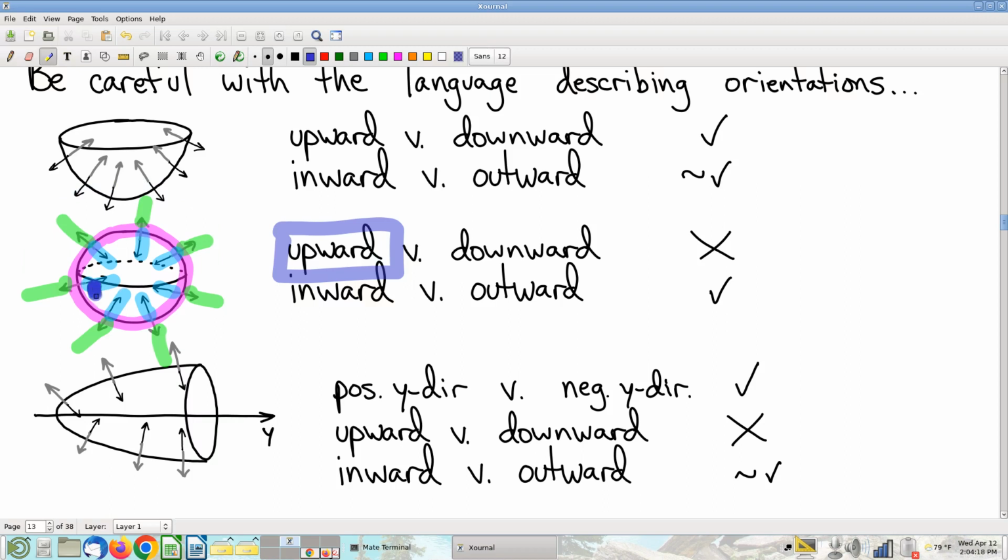Likewise for the blue orientation, some of the vectors are upward, some of them are not. This word here just does not do the job at all for that surface. Everybody with me? So you got to be careful, heads up, think through the geometry, figure out how to be unambiguous, optimally unambiguous.